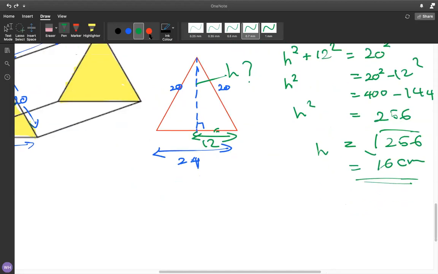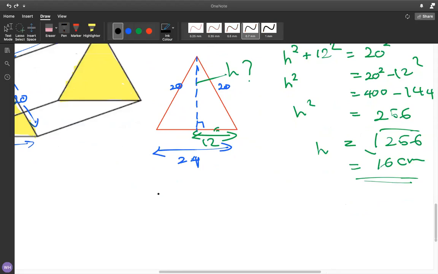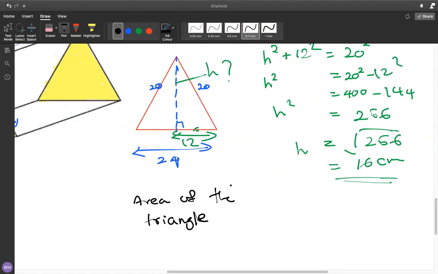Then make the area, not total area, the area of the triangle or the cross section. Anyhow, both are the same. How can you find the area of the triangle?